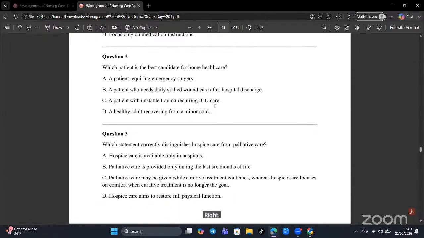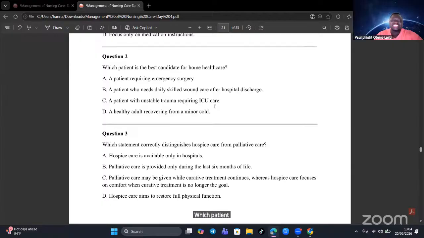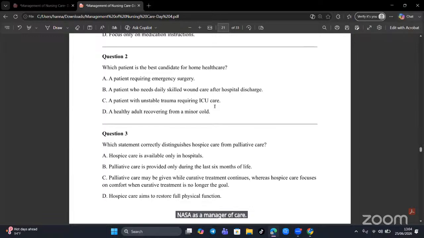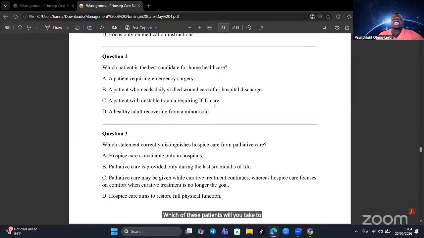Number 2. Which patient is the best candidate for home health care? Which of these patients will you take to home health care?